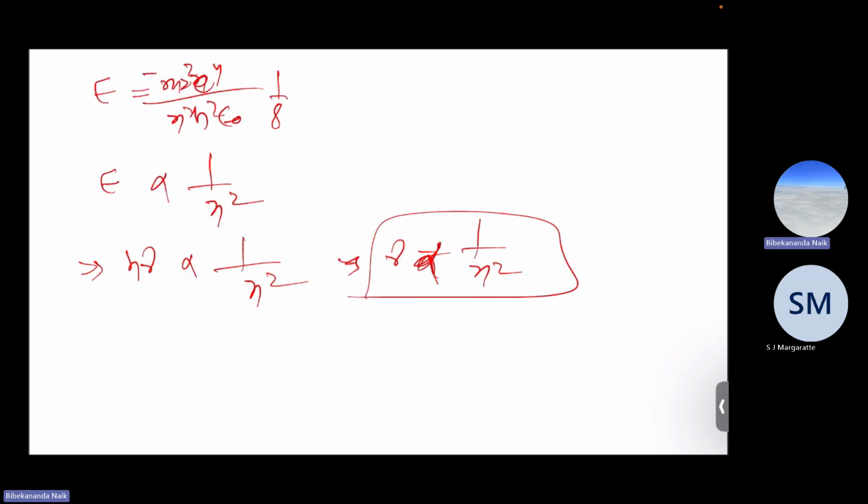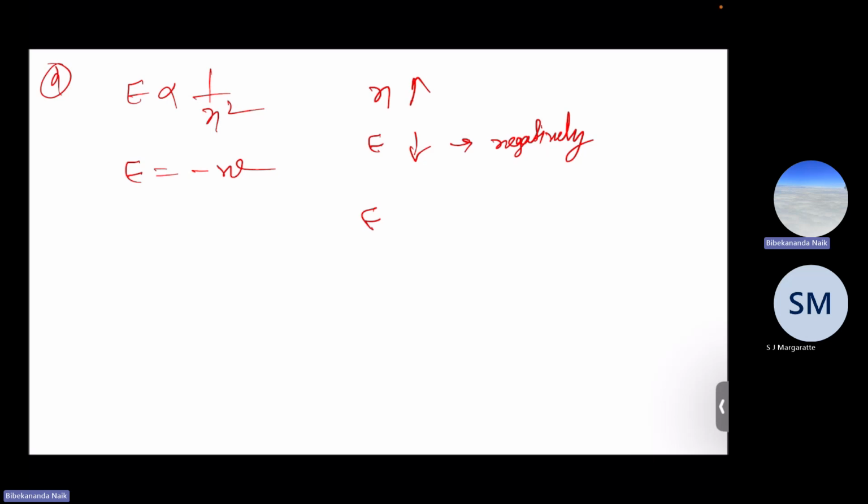Then option D. What does option D say? Energy of the electron bound to the nucleus increases as it shifts to outer orbits. We know E is proportional to 1 by n square, but E is negative. So as n increases, E decreases, but it decreases negatively.